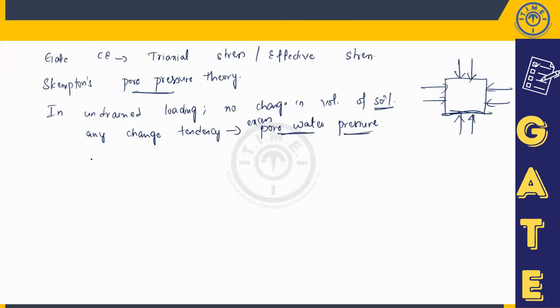Generally in the Skempton equation, very important for the GATE exam, delta U is equal to B into delta sigma 3 plus A into (delta sigma 1 minus delta sigma 3). I'm repeating again.